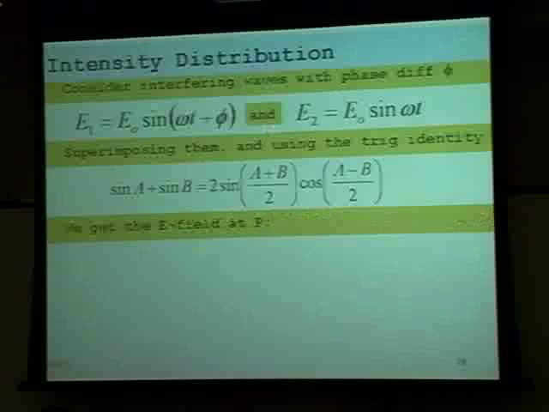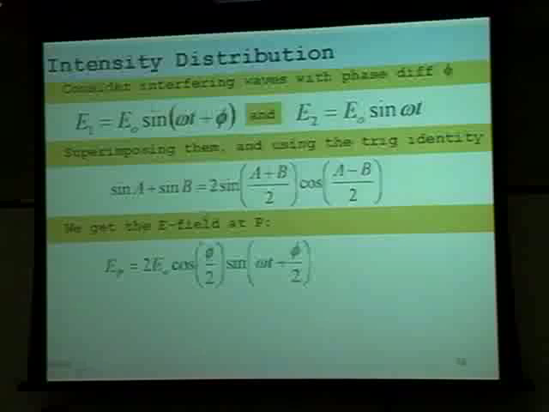Well, if I plug it into this trig identity, I get a combination of these two waves. The E field at point P is equal to 2 E naught cosine phase difference over 2 times sine omega t plus phase over 2. Just plug it into this.